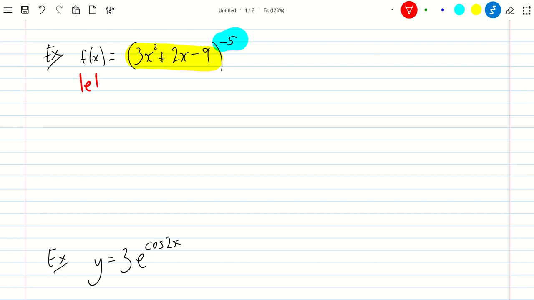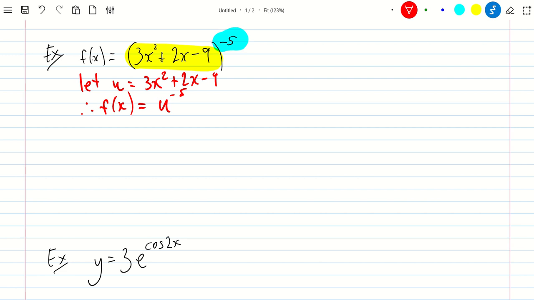So I let u be equal to the inside stuff. If I let u be 3x squared plus 2x minus 9, that's my inside function. What that means is that f of x is equal to u to the power -5.